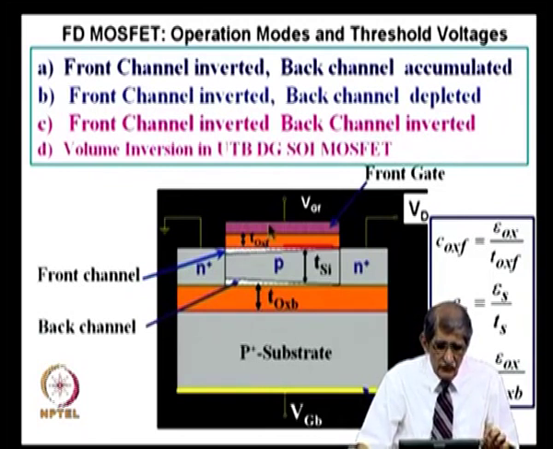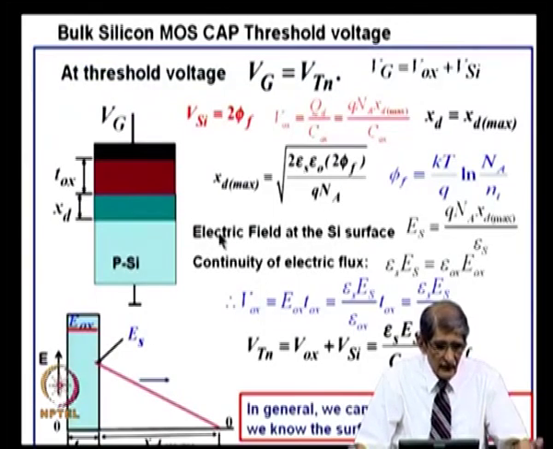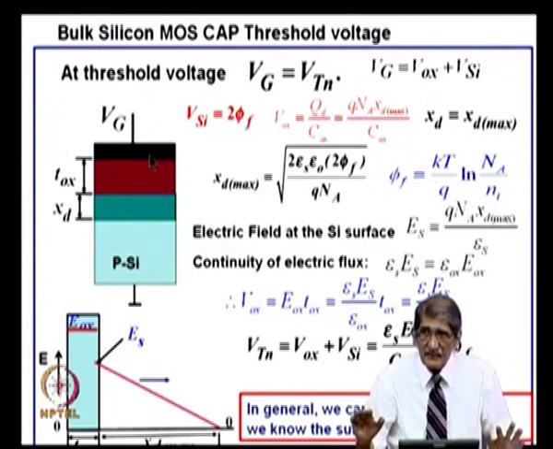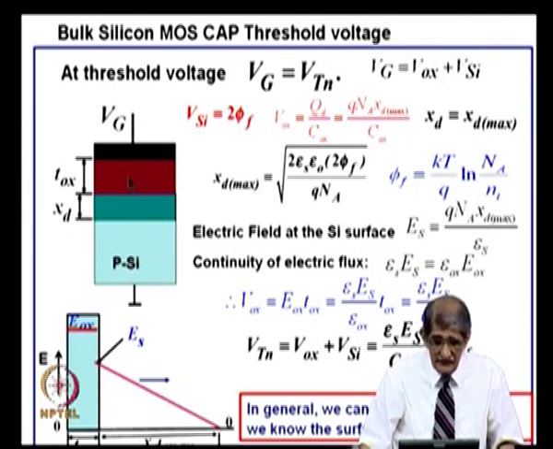Notice what happens when you apply gate voltage in a bulk MOSFET, and how it will be. For the bulk MOSFET, I am going a bit slow here because it is slightly different from the concept there. Gate, oxide, depletion layer width when you apply a plus voltage, and of course, inversion is there. Now, here, how did we find out the threshold voltage?